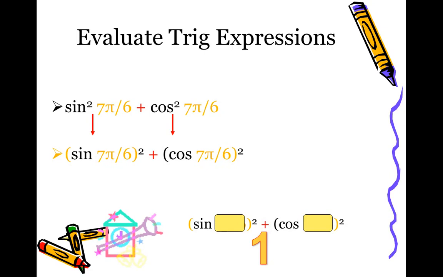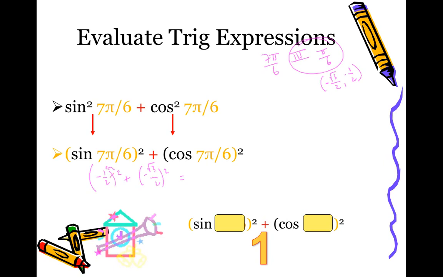So 7 pi over 6 is in quadrant 3, right? And the reference angle is pi over 6. That's important. So that coordinate point is going to be negative root 3 over 2, negative 1/2. So the sine would be negative 1/2 squared plus negative root 3 over 2 squared.